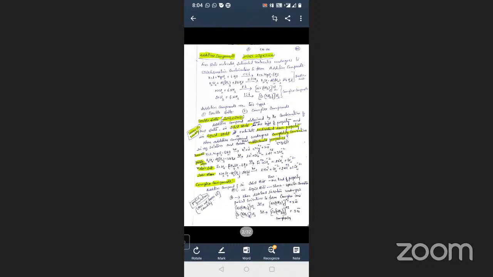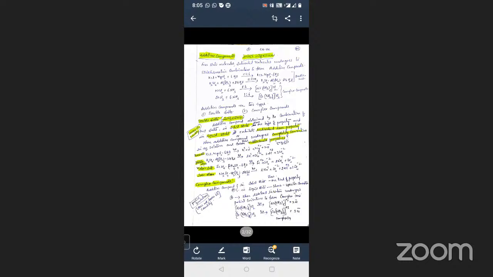Similarly, we will go for potassium sulfate, aluminum sulfate, 24H2O. Here it is obtained from potassium sulfate plus aluminum sulfate plus 24H2O. So it is a salt formed by the combination of two salts. It is known as potash alum. When it is dissolved in water, in solid state it can exhibit one type of property.